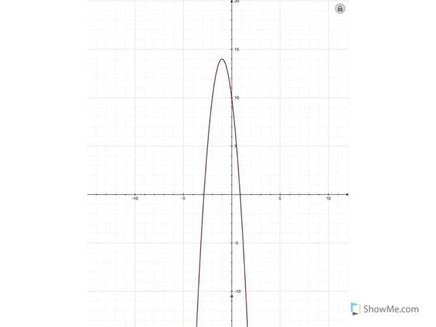So here I've got my graph that I made using a graphing calculator. And we can see the vertex is at (negative 1, 14). I was a little worried for a second there. And you can see that the line of symmetry is going to go through the vertex.